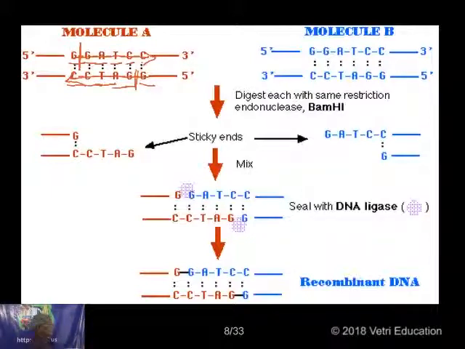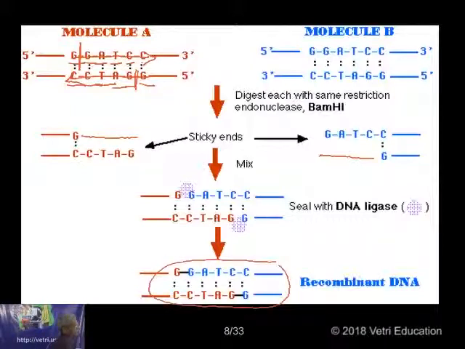Now this becomes the sticky ends. These are called the hangovers. This is the hangover and this is the hangover for this. Now this will come and attach itself. This is done with the help of a ligase. Now this has become the recombinant DNA.